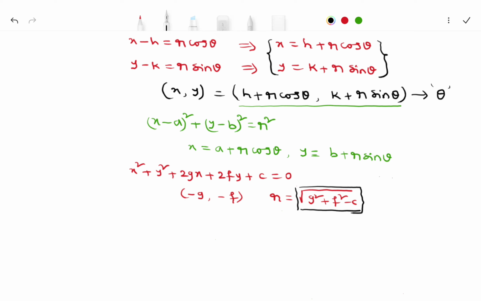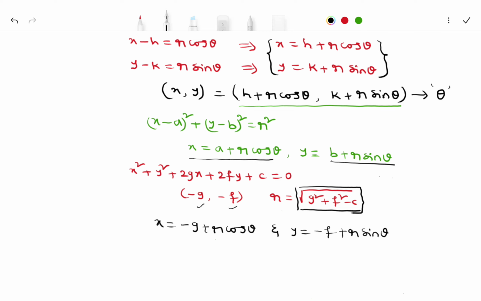Now in the above formula, you replace a and b with minus g, minus f. So x equals minus g plus r cos theta, and y equals minus f plus r sin theta.